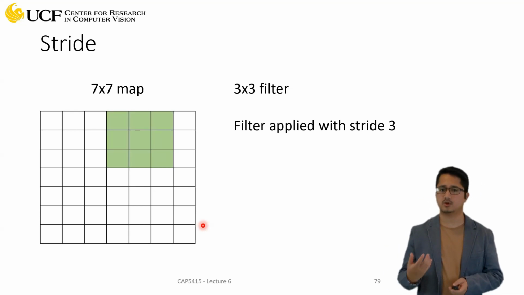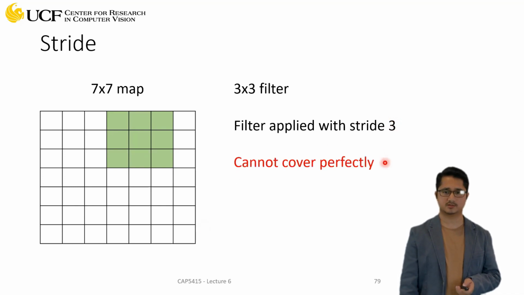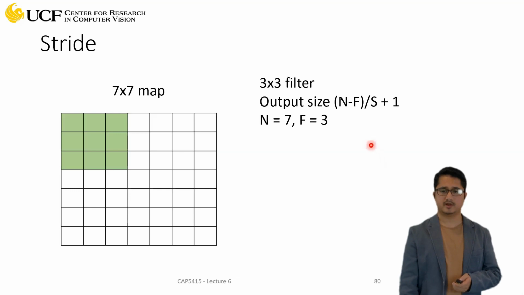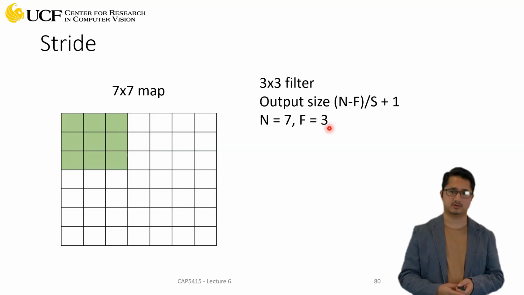Which means that not all strides are actually compatible. One simple thing you can do is find out, for a given input activation map and filter size, whether your stride will fit or not.